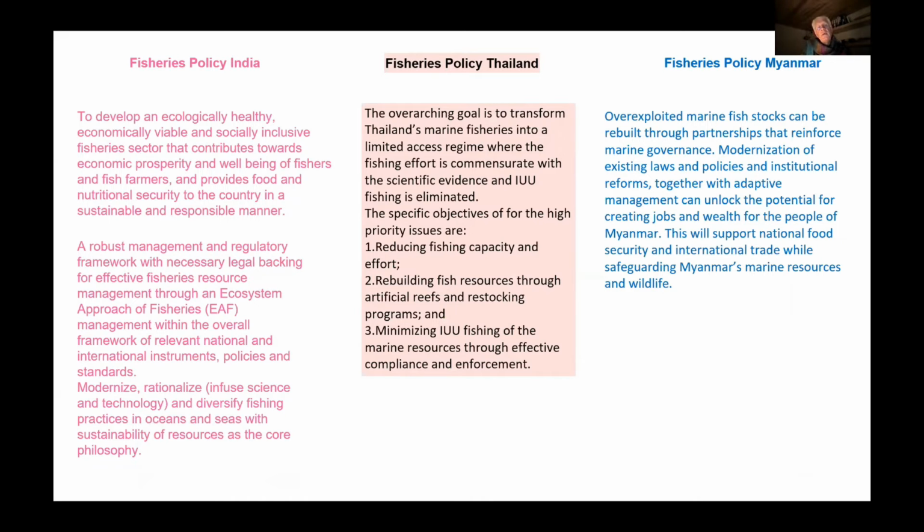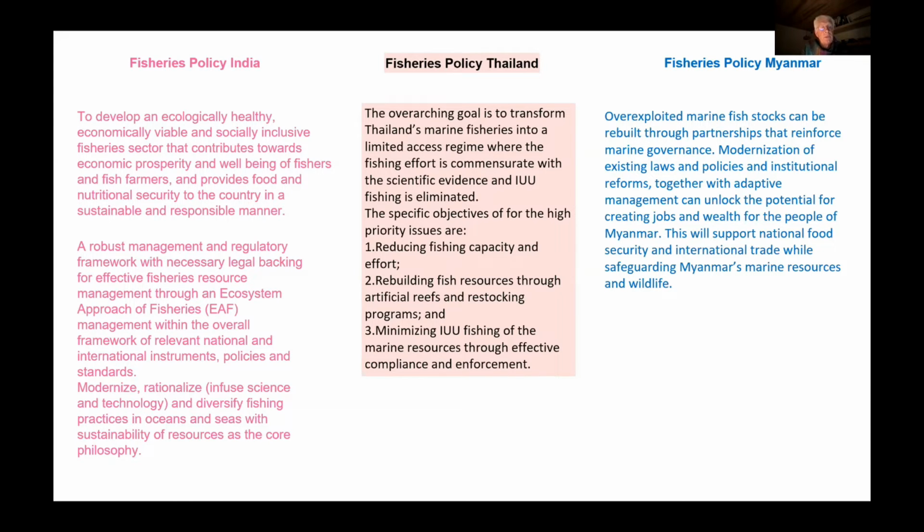So we're looking here at the policy directions currently published by countries surrounding Bangladesh. So in India, for example, this is the federal government's policy for Indian fisheries management, and it specifies a healthy, economically viable and socially inclusive fisheries sector that contributes towards economic prosperity and well-being of fishers and fish farmers, provides food and national security to the country in a sustainable and responsible manner, all fine words.